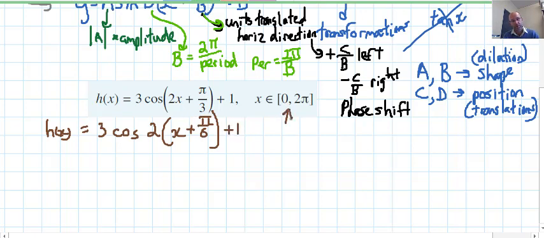We've got a restricted domain between 0 and 2 pi inclusive. Now in the first instance we're going to get the shape right, so we're looking at those two parameters, and then in the second instance we're going to look at the two translations, the two shifts, and get the graph shifted. So generally speaking, that's a good strategy for sine and cos.